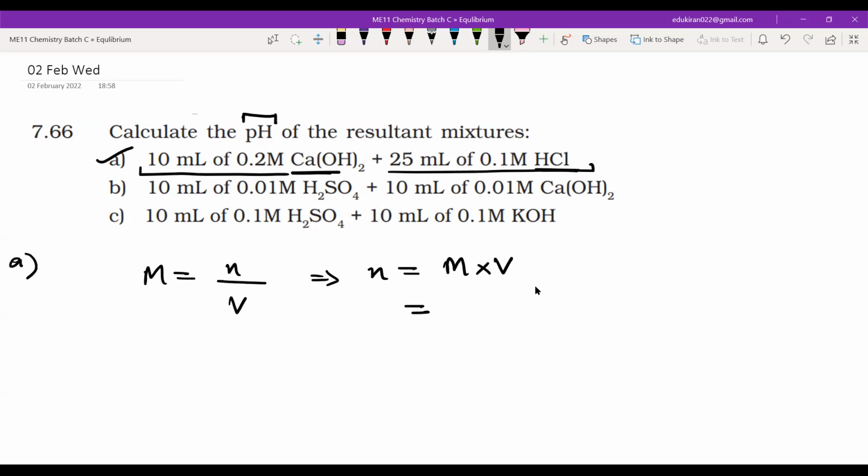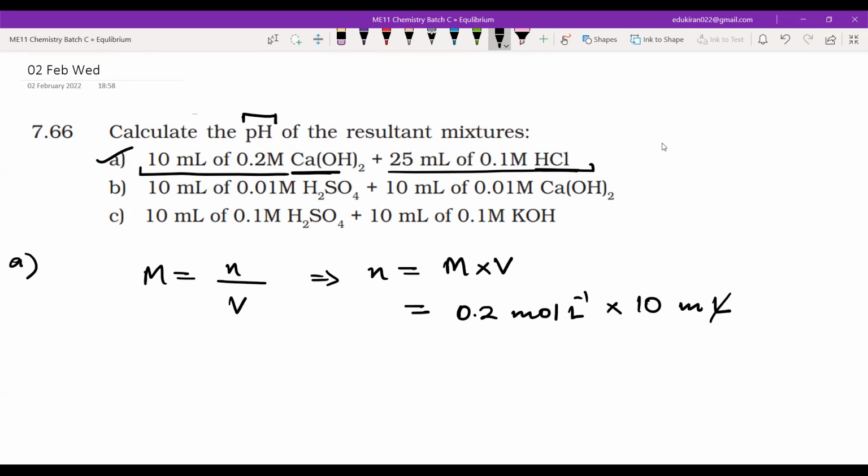So the molarity of Ca(OH)2 is 0.2, right? And the volume is 10 ml, correct? So if I write the units, 0.2 moles per liter into the volume of 10 ml.